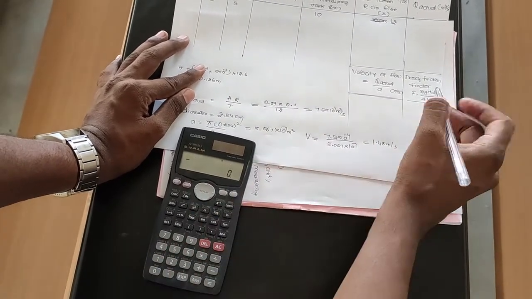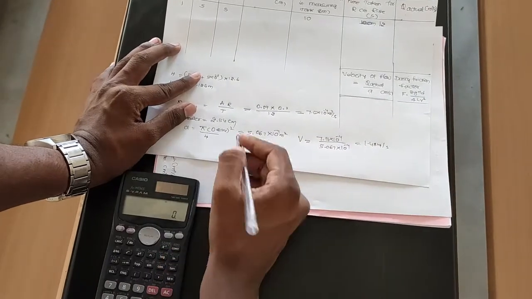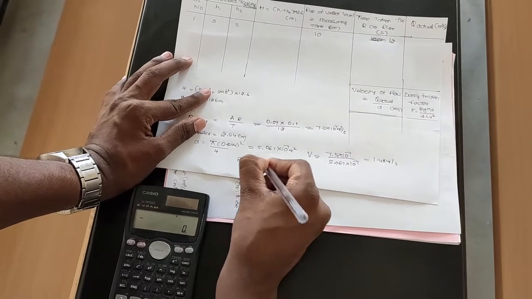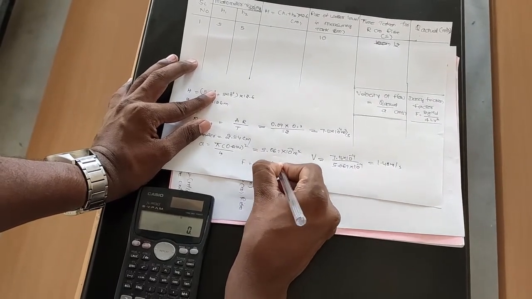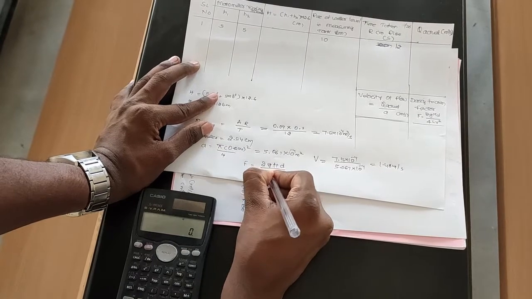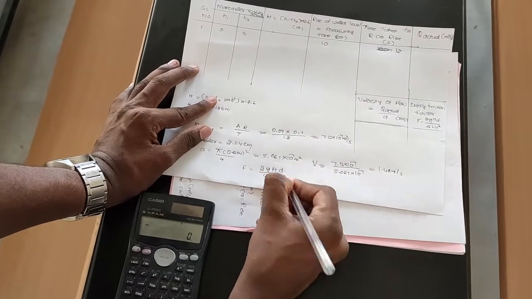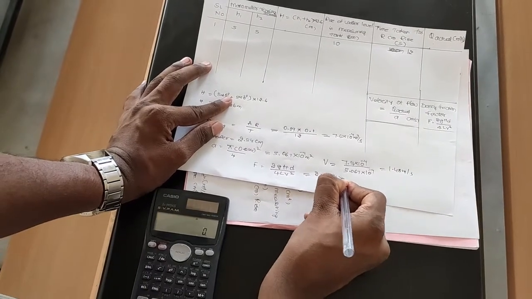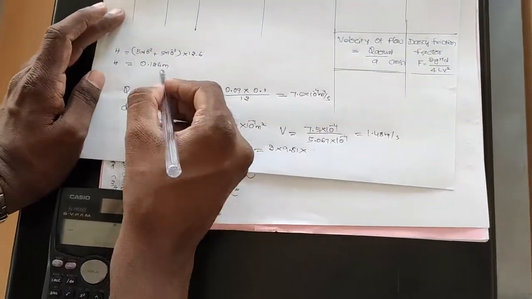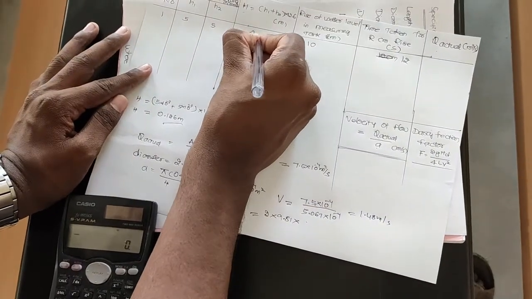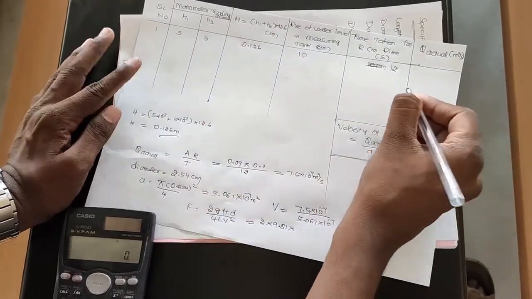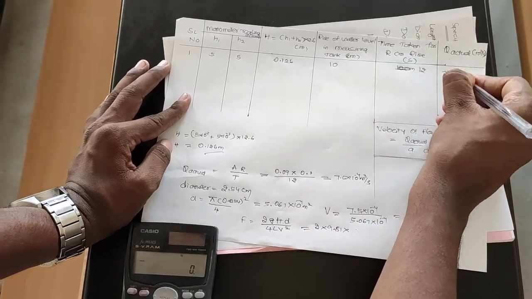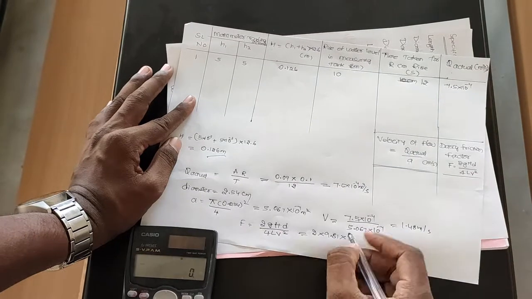After calculating velocity, you need to calculate the friction factor. The friction factor formula we know, right? F will be equal to 2GHD divided by 4LV square. Now 2 into G value 9.81 into the head value, 0.126, which you can write in the tabular column also. Then Q actual we calculated as 7.5 into 10 power minus 4.